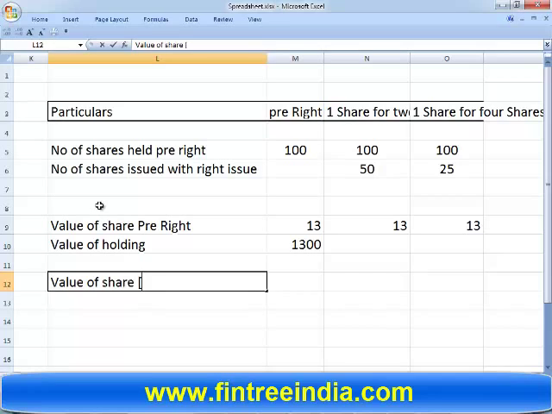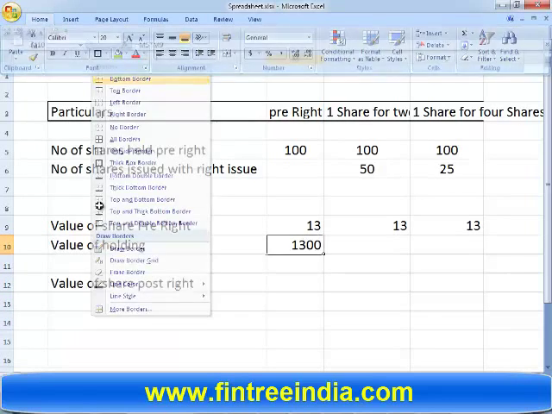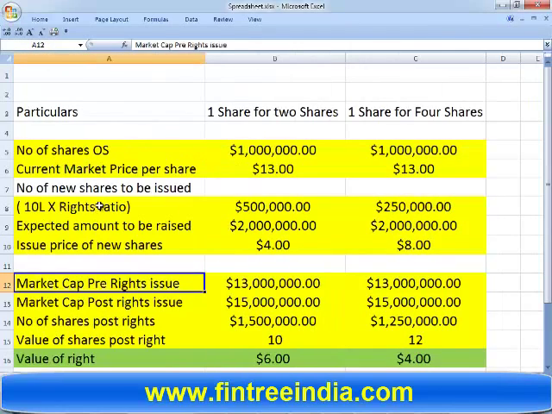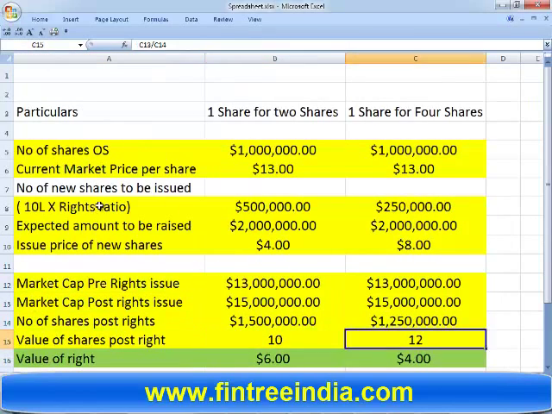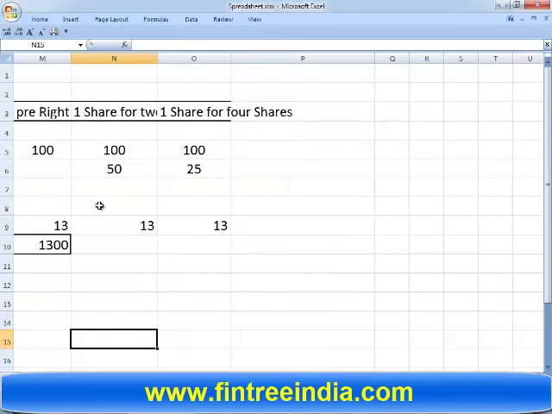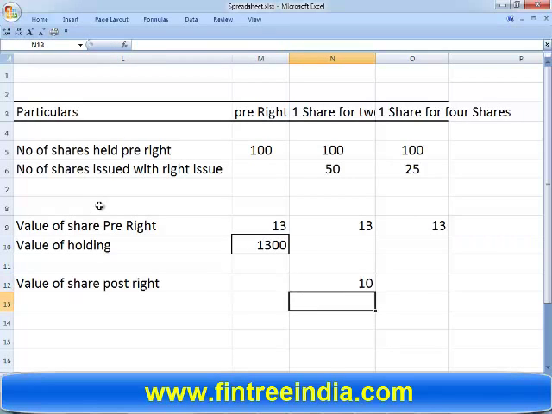Value of share post-right: in this scenario, value of share was 10 and value of share was 12.